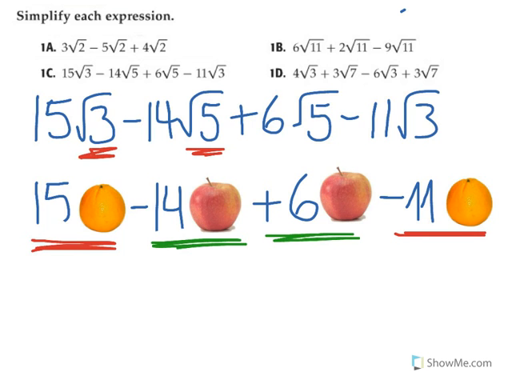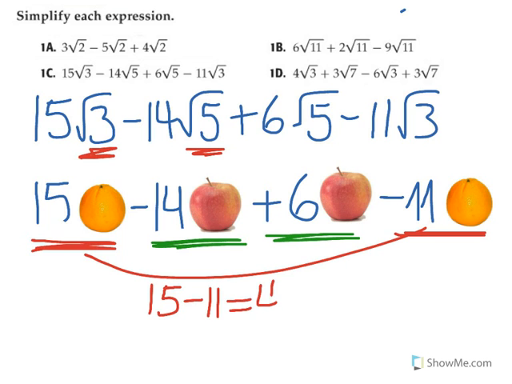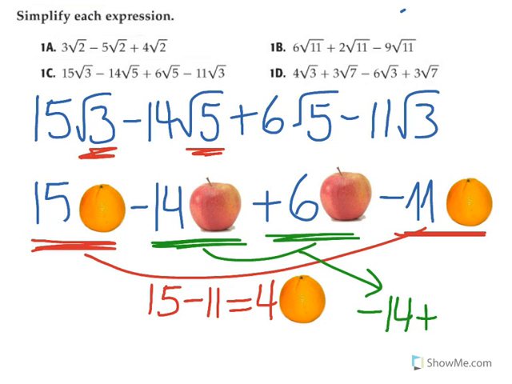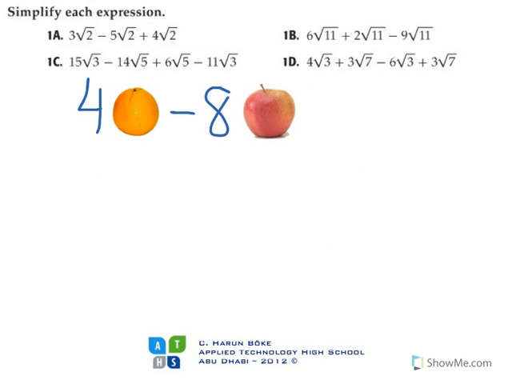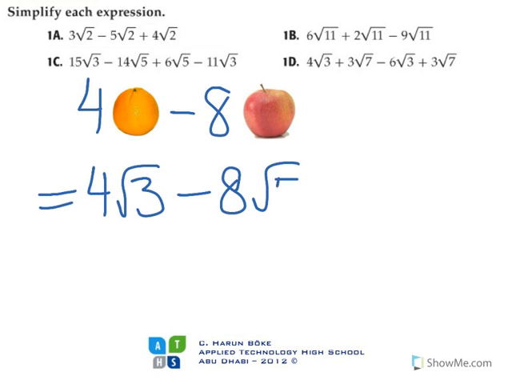So what we're going to do is 15 minus 11 is 4 oranges, and minus 14 plus 6 is equal to minus 8 apples. So the result will be 4 oranges minus 8 apples, or 4 square root of 3 minus 8 square root of 5.